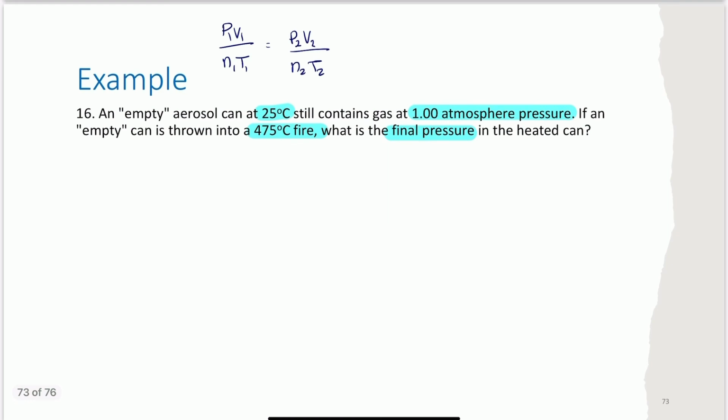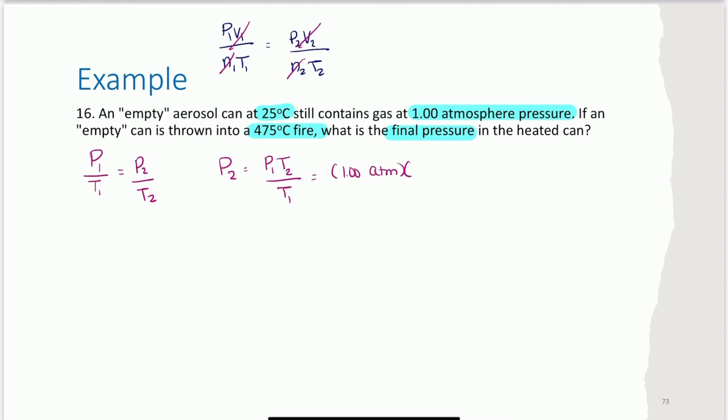So I'm looking at temperature and pressure, which we're assuming means moles are constant, and we know volume's constant because we're looking at 1 can. So P1 over T1 is equal to P2 over T2. We're trying to find P2. P1 was 1 atmosphere.